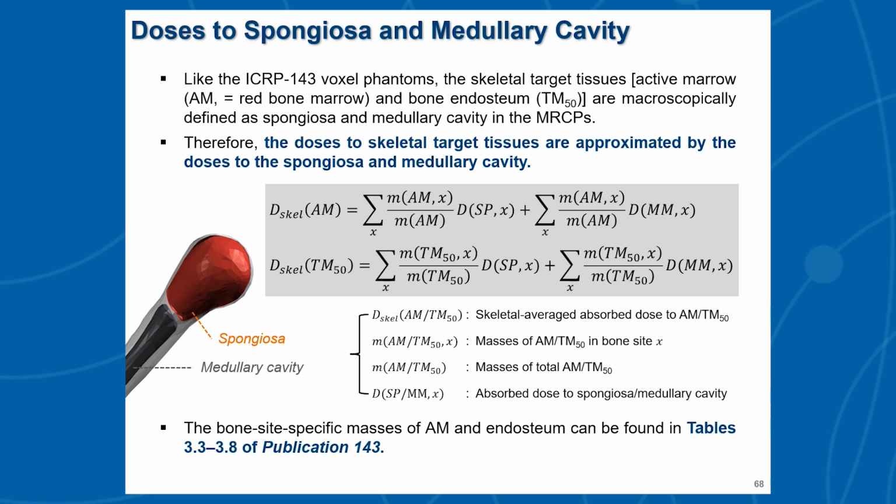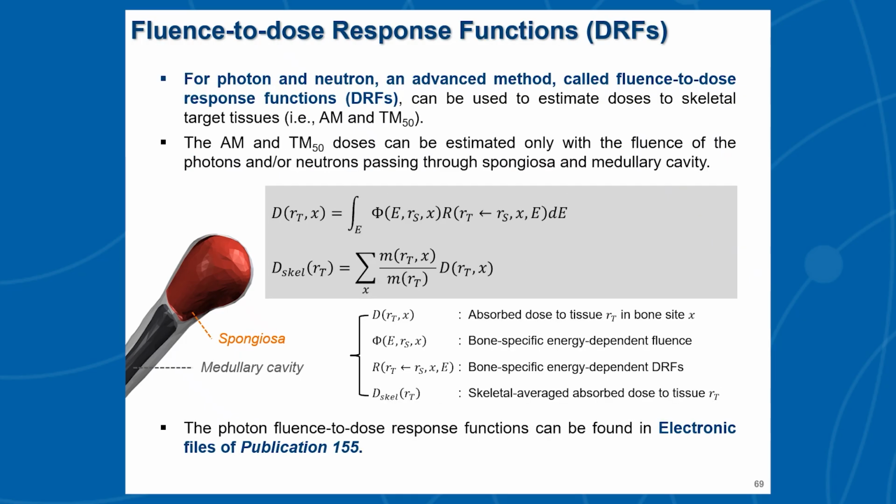For the general exposure cases, this method provides reliable dose values. However, when the charged particle equilibrium is not satisfied across the bone site, like the case when exposed to low energy photons, this approximation technique can provide unreliable dose values. Therefore, the advanced approximation technique called fluence-to-dose response functions, the DRF, was introduced.